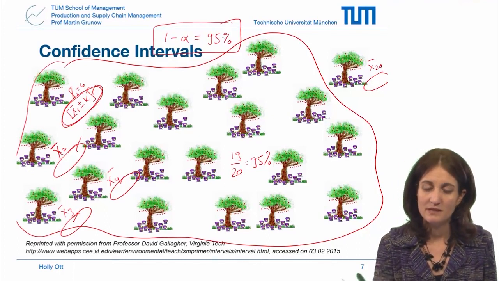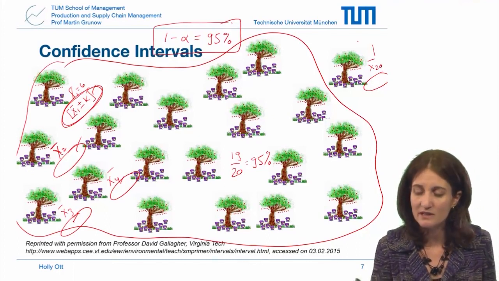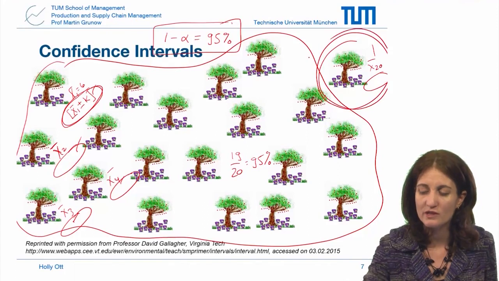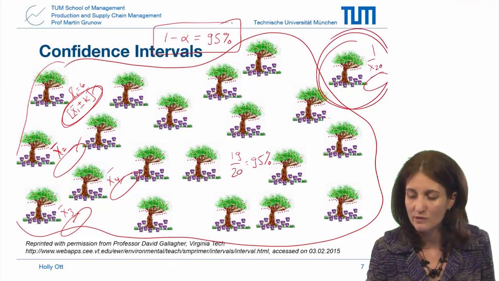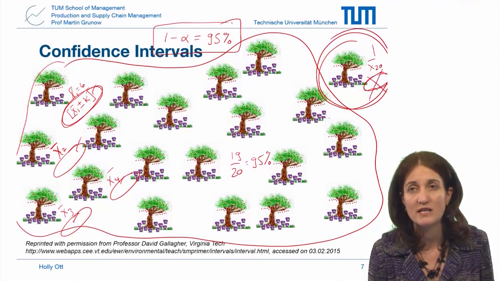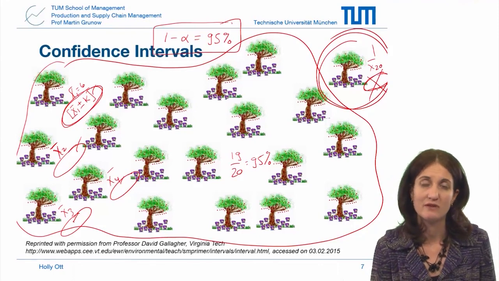But because we have a 95% confidence interval, for one of those trees, we will find the sample average, we will construct a confidence interval, and that confidence interval will not contain the mean number of apples per bucket for the population.